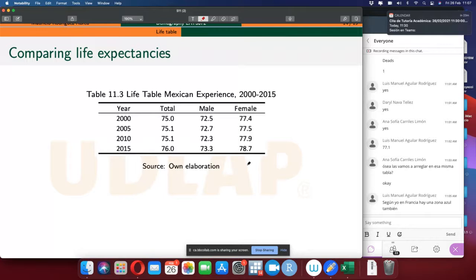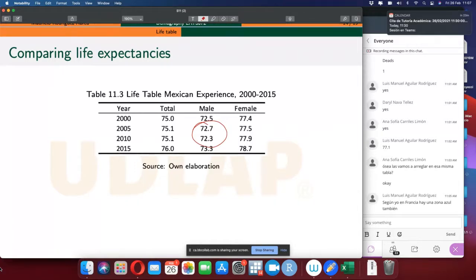But this is useful because we can see different things. For instance, what happened here? The total life expectancy was 75 years, 75.1, 75.1, 76. Okay, we could say there were no improvements in life expectancy between 2005 and 2010. But when we pay attention to women, 77.4, 0.5, 0.9, we were increasing. So that means that for men, life expectancy actually went down between 2005 and 2010.